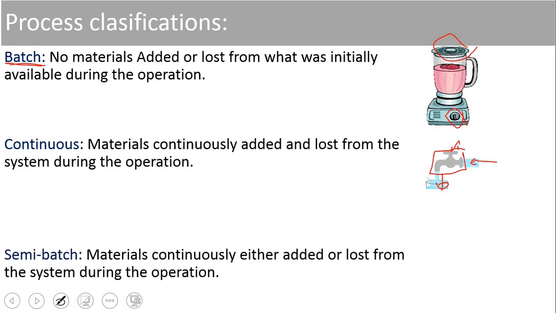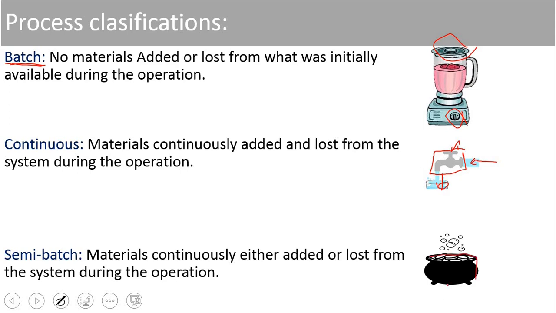The last type of process classification is the semi-batch, which means the materials either enter or leave, one at a time. So it cannot enter and leave at the same time. And if that happens, it will be a continuous. A good example is when you cook something, let's say you want to cook noodles.